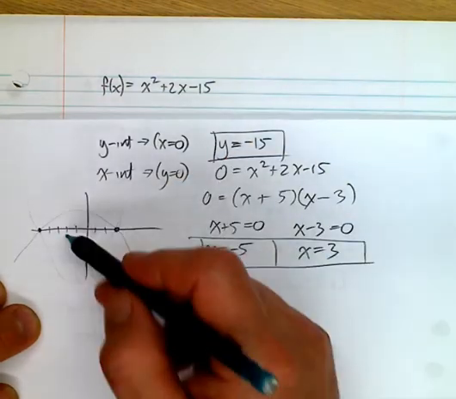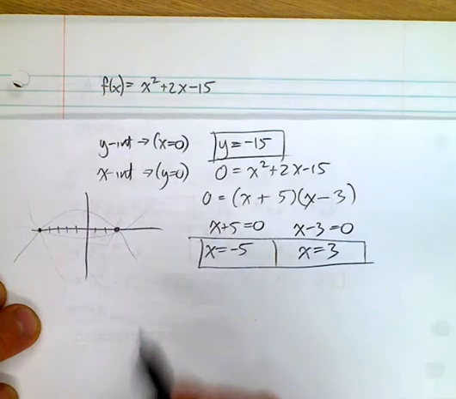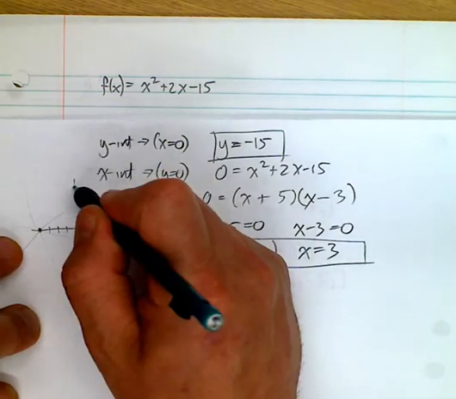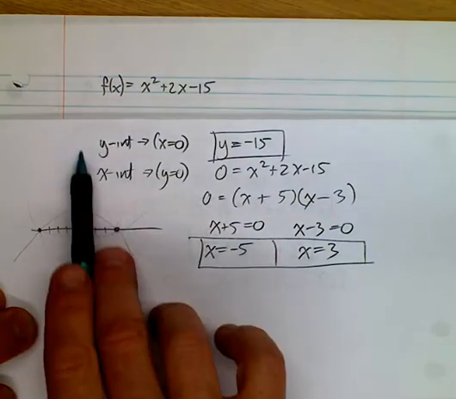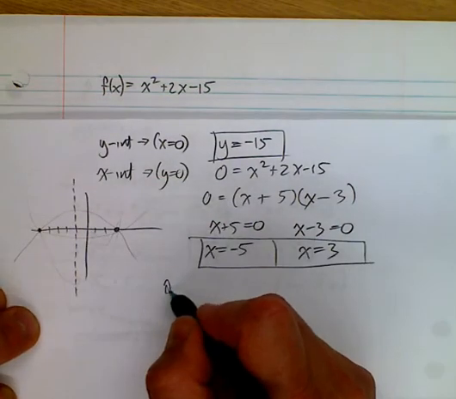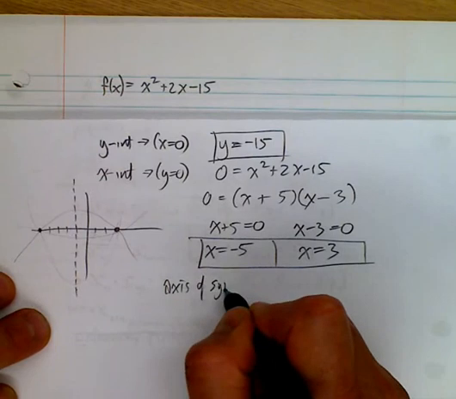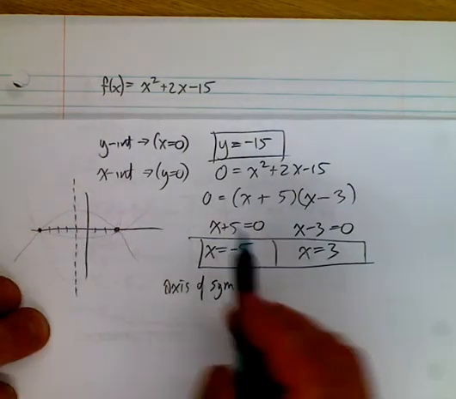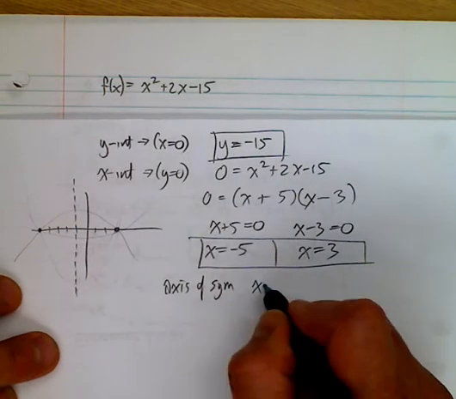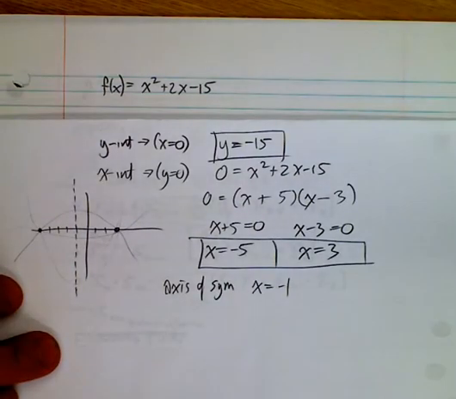It's going through those points. But what you know is that the axis of symmetry runs right down the middle, and that the vertex lies somewhere on there. So the axis of symmetry, in this case, since it's 8 apart, it's 4 from each side, and it ends up being x is equal to -1.